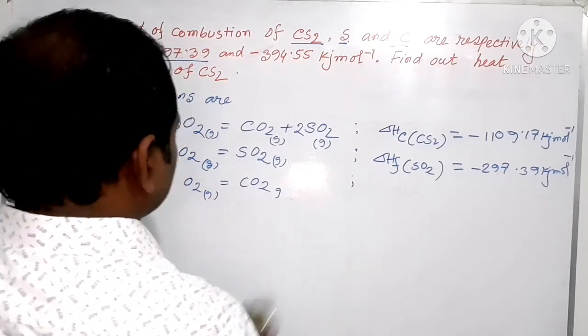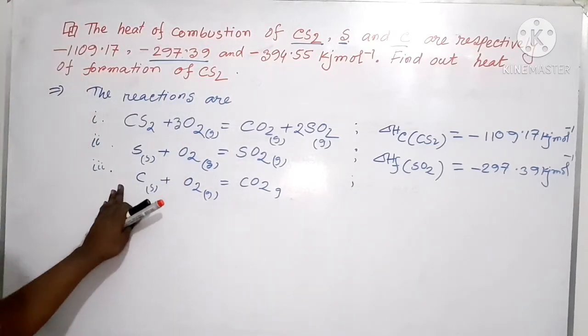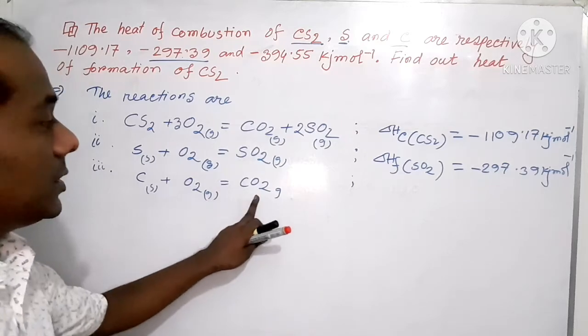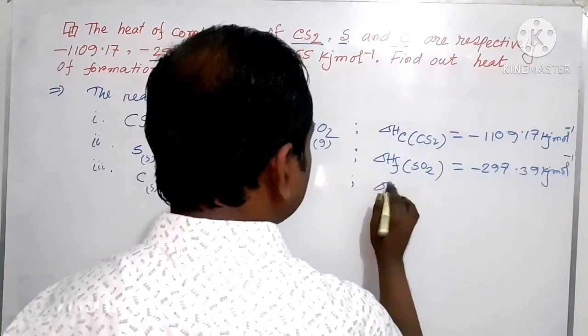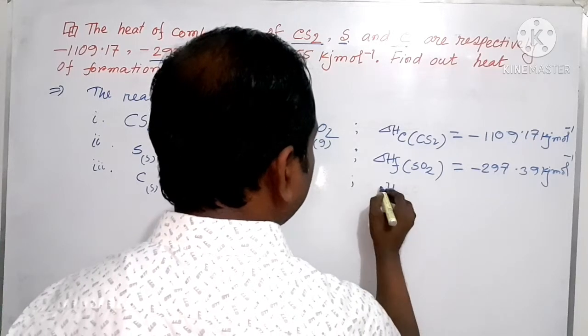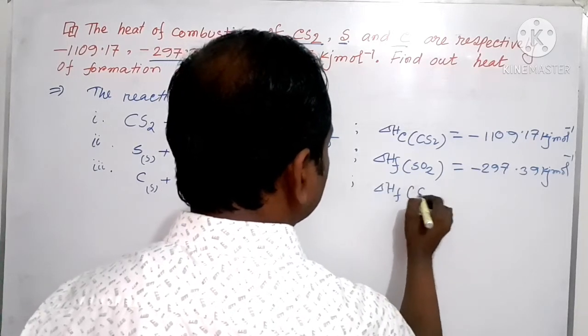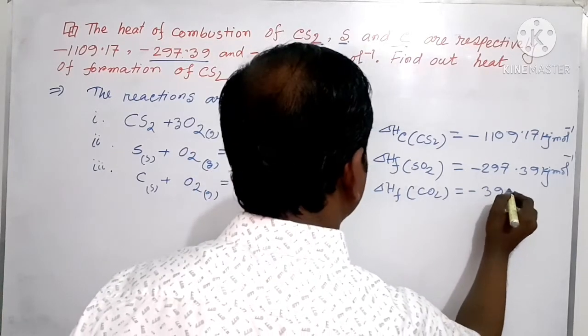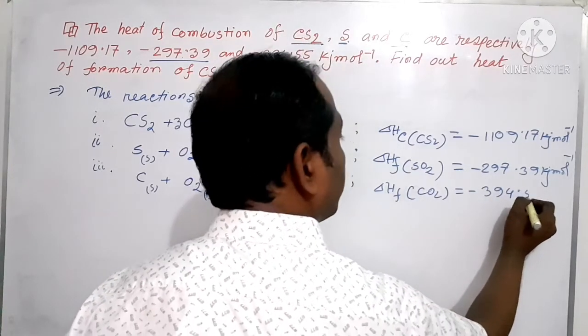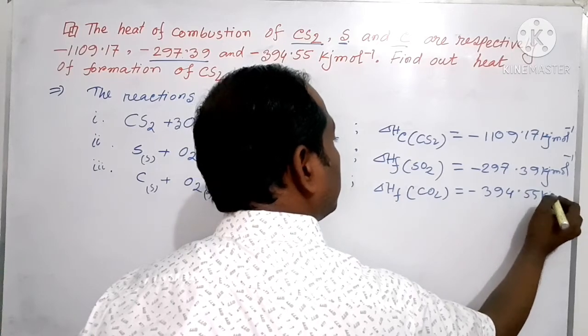Again, the combustion enthalpy of carbon is equal to the formation enthalpy of carbon dioxide. So we write here del HF of CO2 equal to minus 394.55 kilojoule per mole.